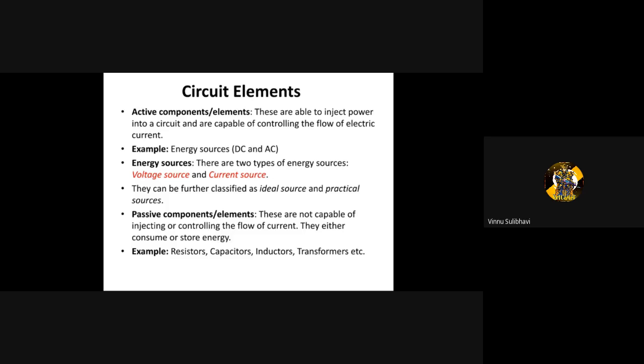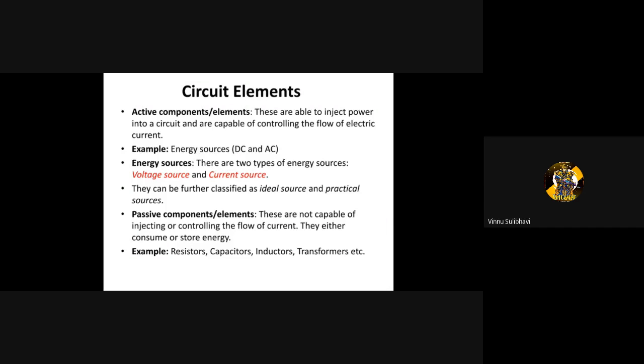Now we are starting with the resistors part because we are going through DC circuits, and remember one thing: capacitors or inductors are present only in AC circuits. We are now studying DC circuits, so we will restrict ourselves to resistors.